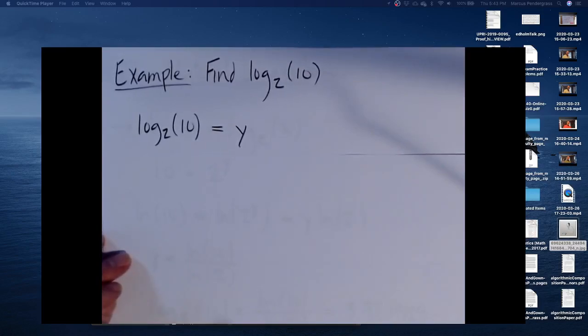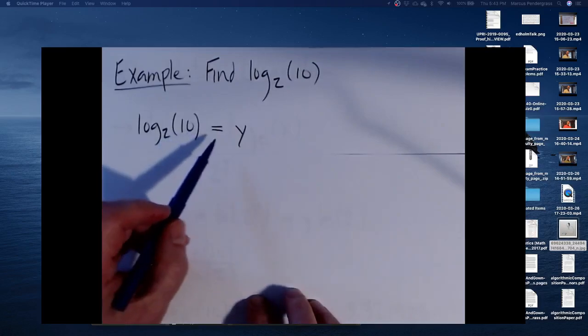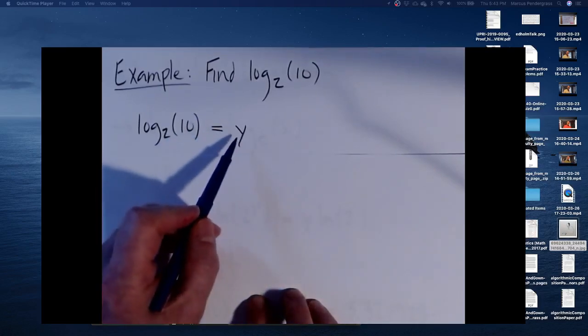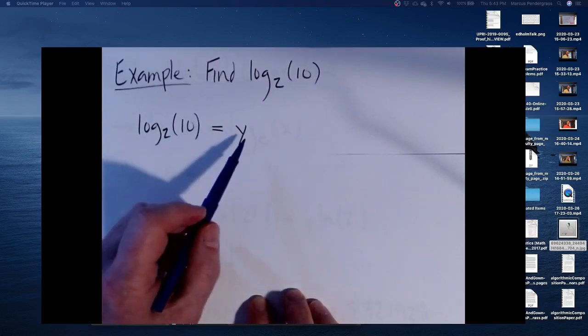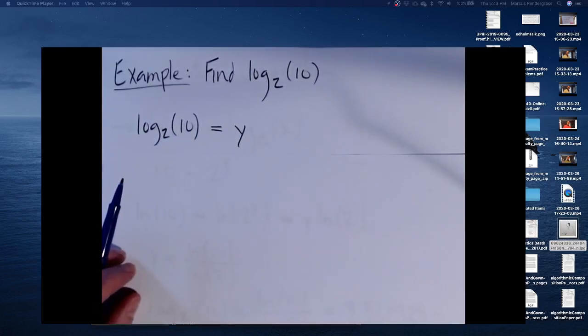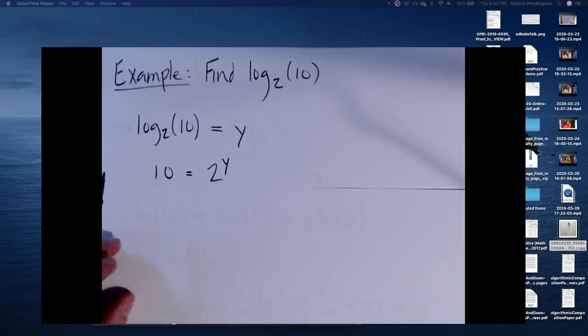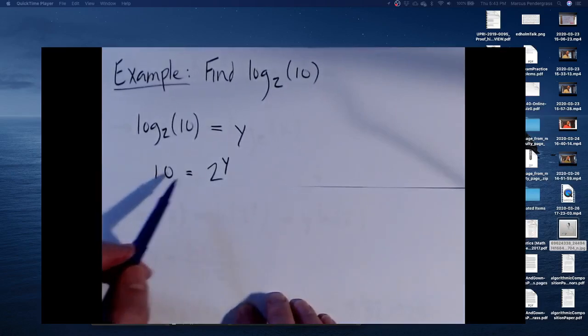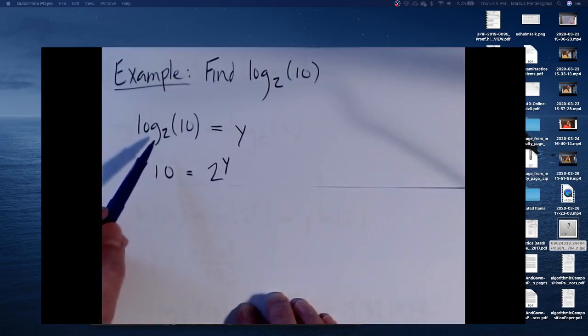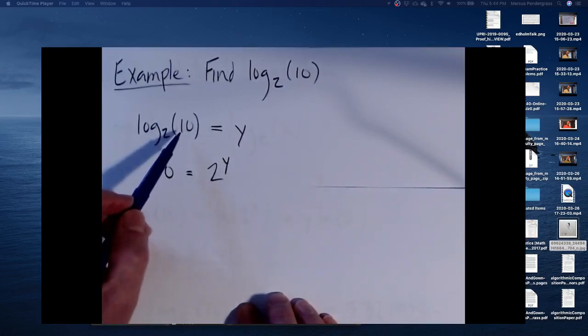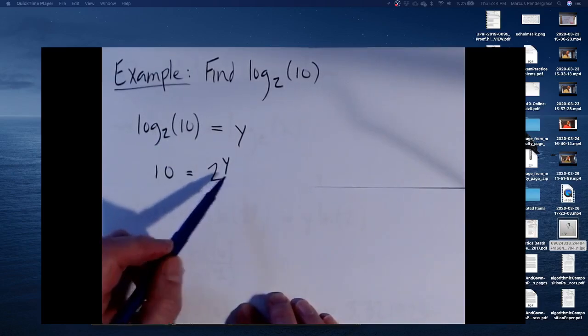First of all, we don't know the answer yet, so let's just call the answer, whatever it is, y. So log base 2 of 10, let's just call that answer y. And then let's use the definition of the logarithm to write that as 10 equal to 2 to the y. So this is just using the definition of the log base 2. Log base 2 of 10 is the exponent you need to raise 2 to in order to get 10.